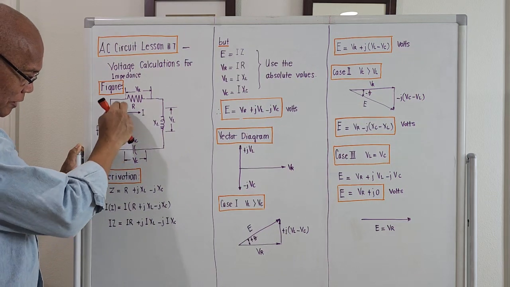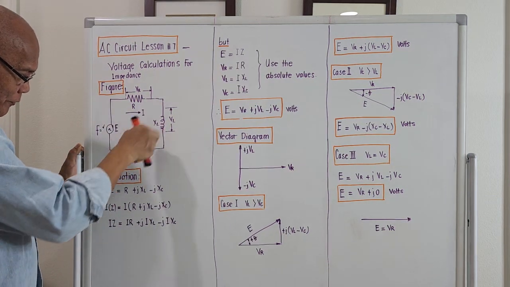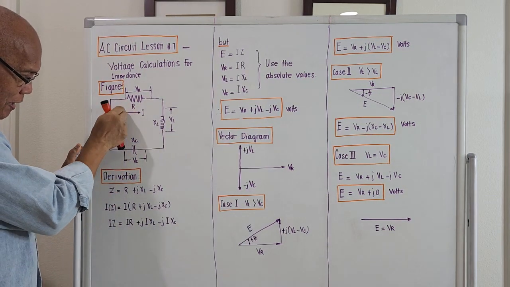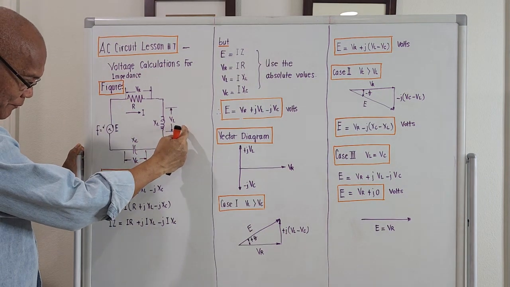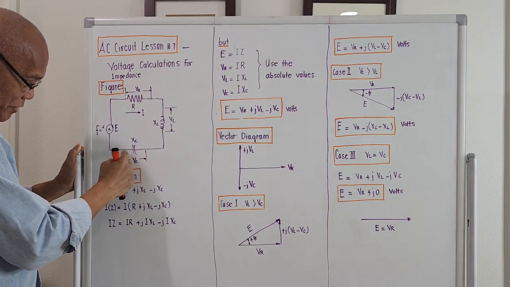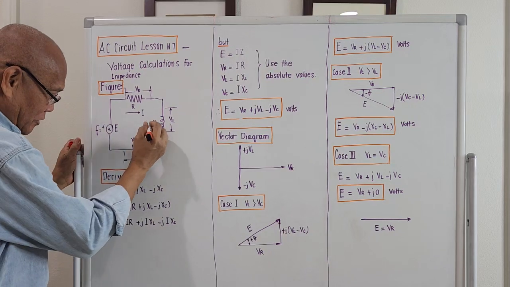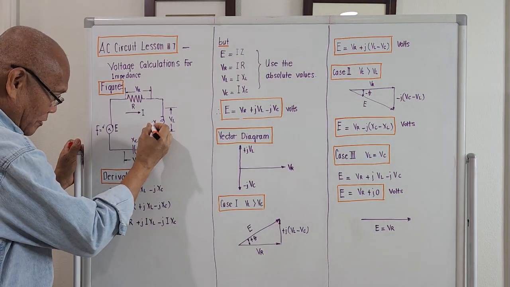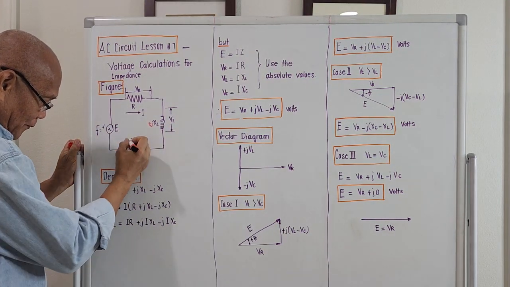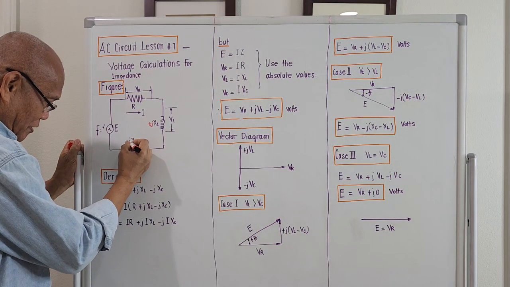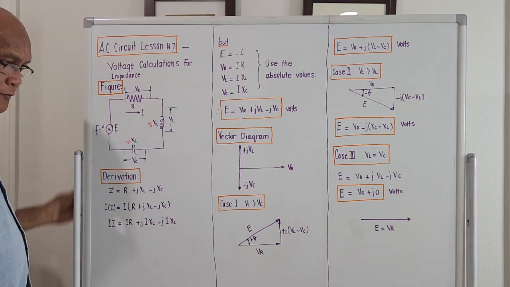Meaning the total impedance of the circuit here will be R plus jX sub L plus X sub C. This is with the j, but it should be plus. This is with the j, but it should be minus.